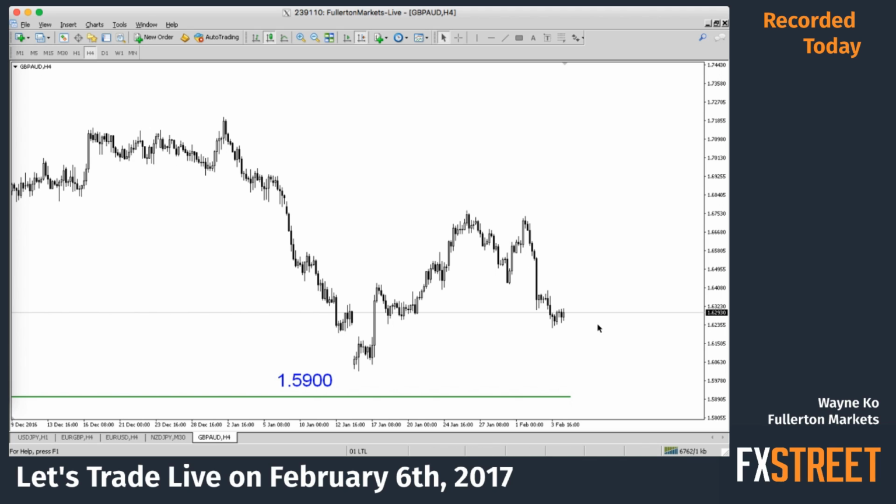So chances are, I personally do expect the RBA to maintain more of a neutral kind of bias in their statement. If they maintain a neutral bias, whereas the BOE is considered dovish, this pound Aussie pair is likely to head towards the 1.59 direction.